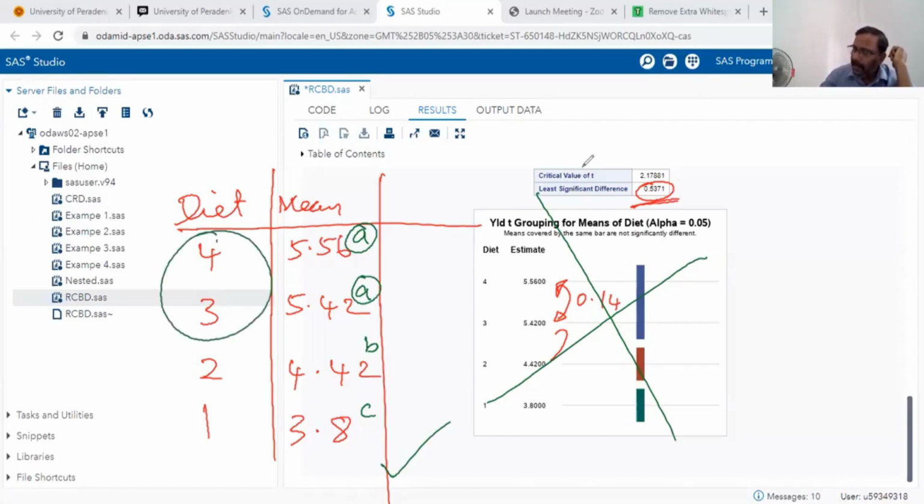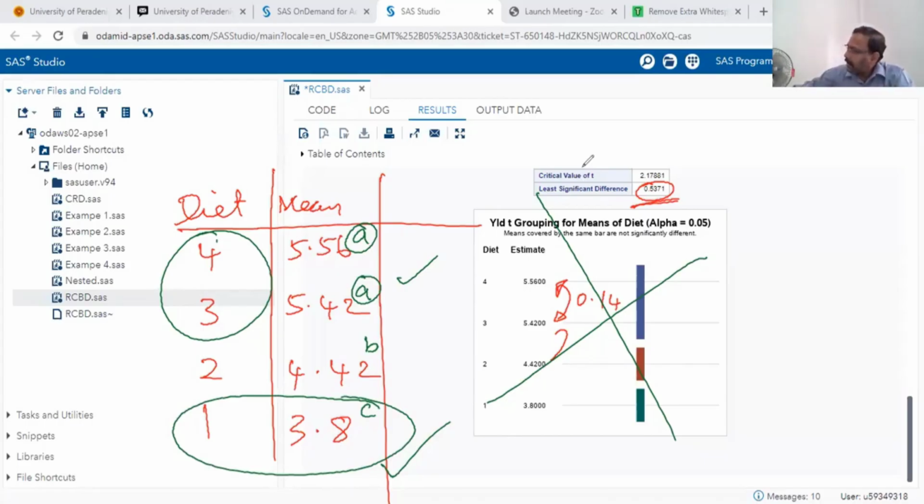So feeding with diet 4 and 3 gives more or less the same results, right? But they are giving higher milk yield than treatment 2 and 1, or diet 2 and 1. So that is one piece of information that you can say. The lowest yield was obtained from feeding with diet 1. So this is how we can interpret.